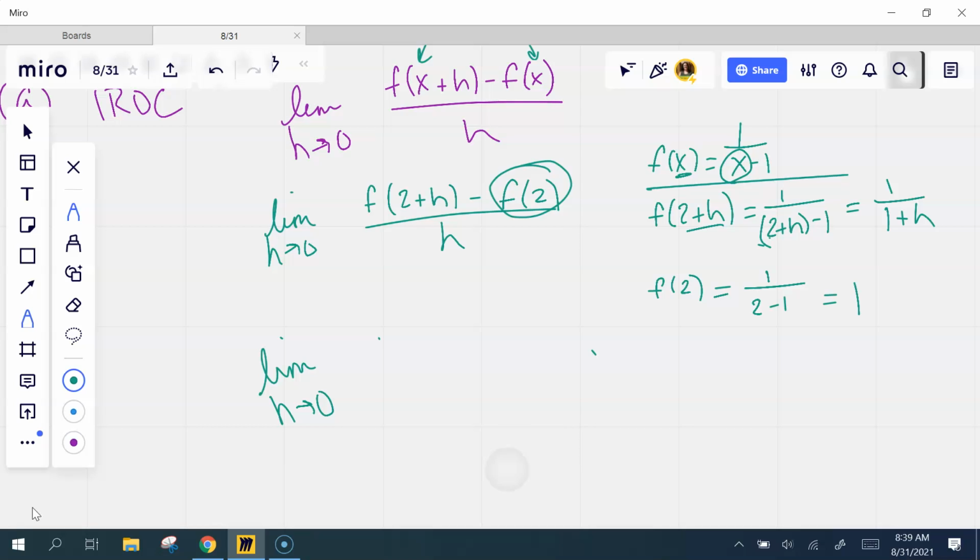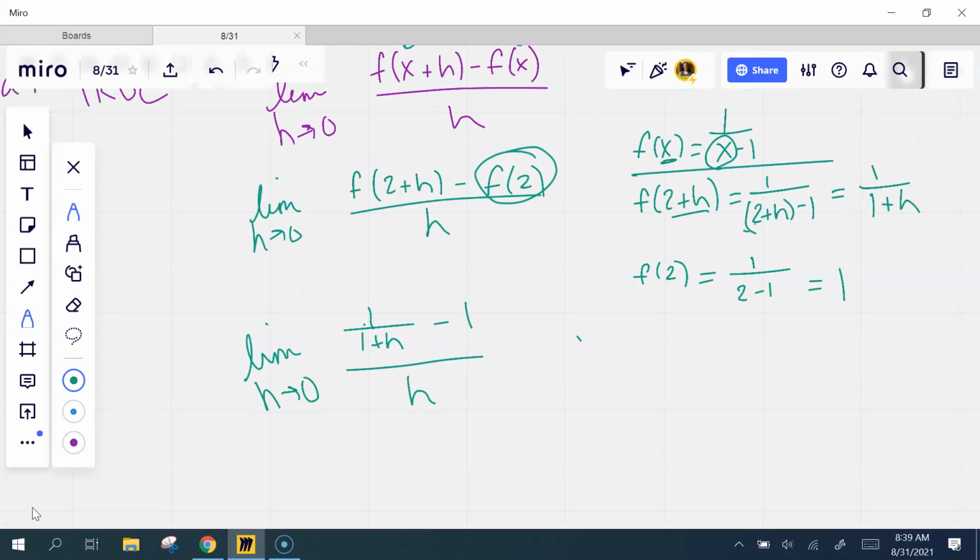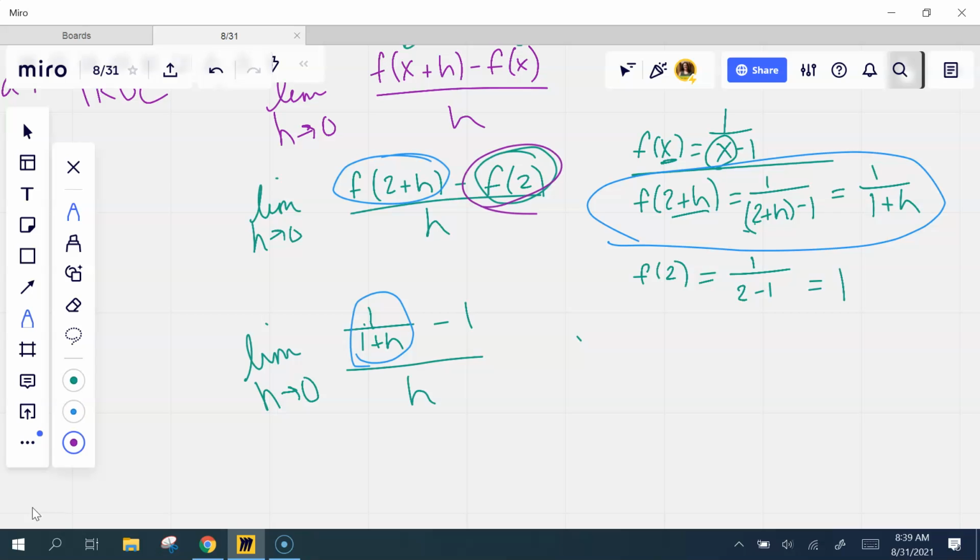All right, I'm going to do 1 over 1 plus h minus 1 over h. I am going to do my same little trick of multiplying by the reciprocal rather than dividing. Look, f of 2 plus h is here, f of 2 is here, I just subbed in, that's all I did.